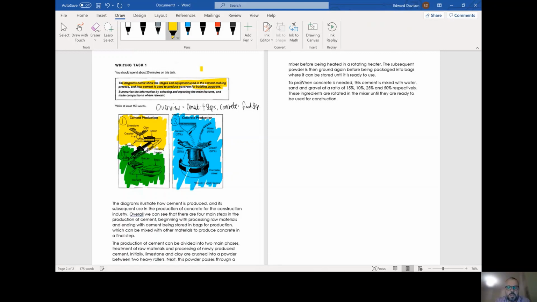to produce concrete, it must be mixed with a number of other materials at precise ratios.